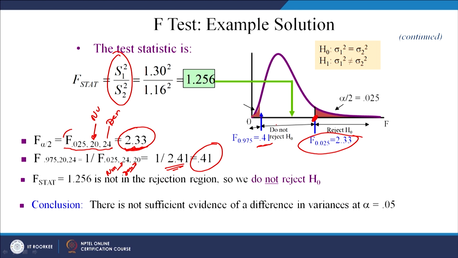So, in this case, our lower limit is 0.41, the upper limit is 2.33 and the calculated F value is 1.256, which is in between. So, we will not reject the null hypothesis.